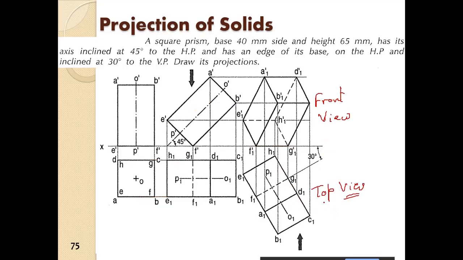Alright, so this is the top view, and from here again you project vertically up, and from here you project the projectors to the left. For A1 you get A1 dash and A dash here, and for D1, D1 will be here itself, D dash will be here itself, so this is D dash, D1 dash.